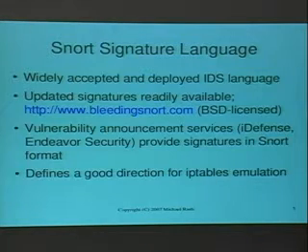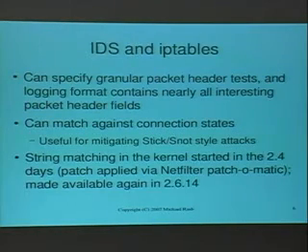And in a vote of confidence for the Snort rules format, you have things like iDefense and Endeavor Security, which provide signatures for new attacks that they're seeing in Snort format. So it defines a good direction for an IDS language to emulate, if we can, within IP tables. So the question becomes, how much of the Snort rules language can we legitimately emulate within IP tables itself?